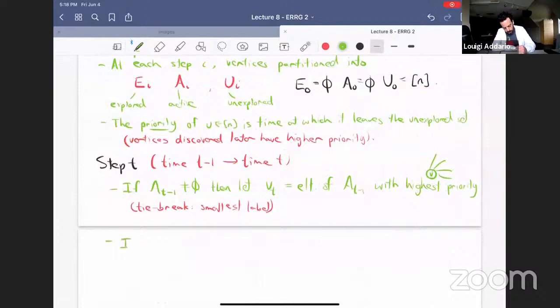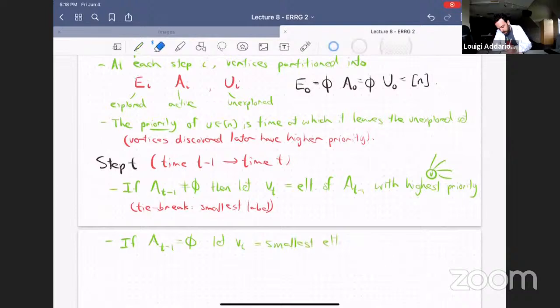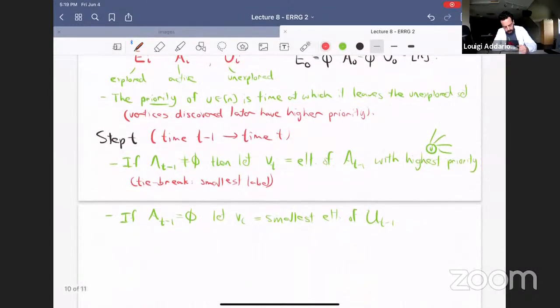So that's if there's something that we've already discovered to explore. If there isn't, then we'll just let V_t be the smallest element of the unexplored set, so of U_{t-1}. Now, having decided which vertex we're going to explore, we explore it. So that means we'll add all its neighbors to the active set.